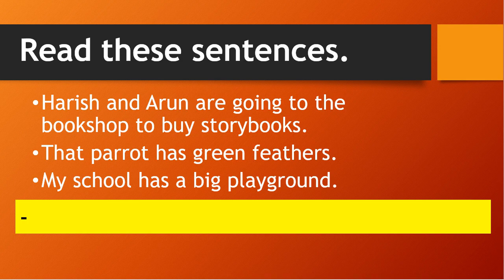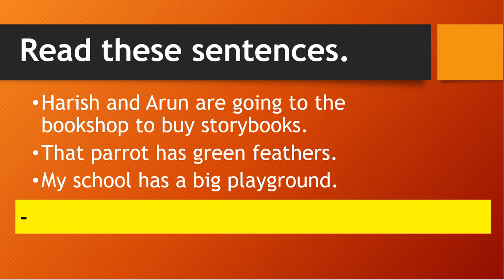Okay, students, I hope you have read it. So let's see the first sentence. Harish and Arun are going to the bookshop to buy storybooks. So here we have to identify nouns.